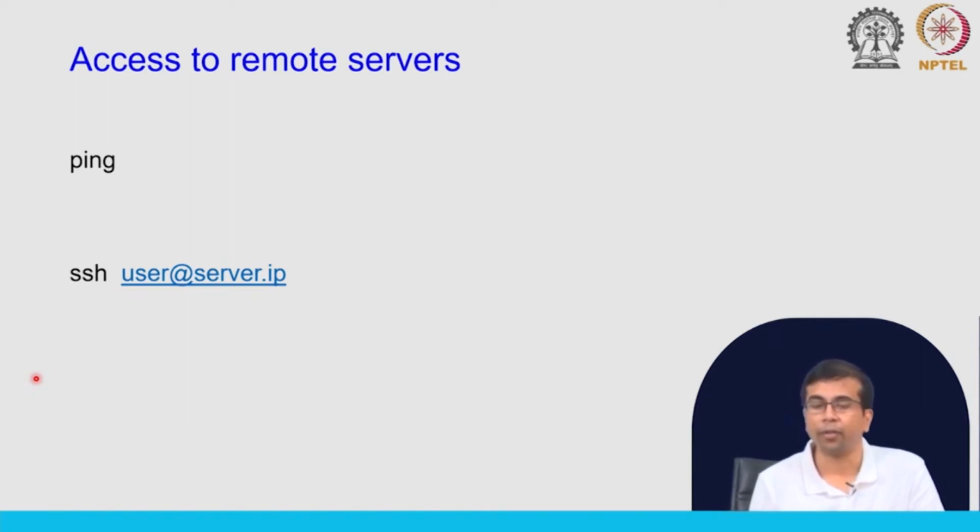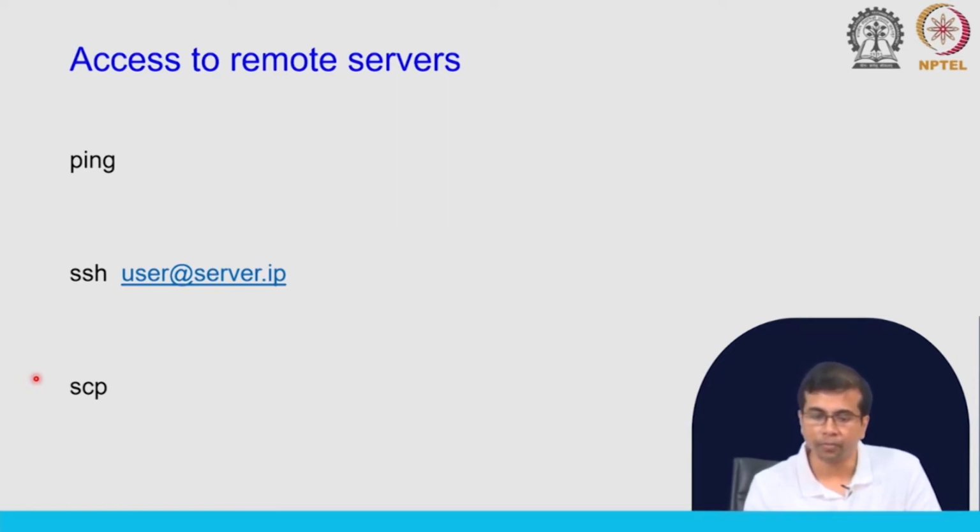You have to use SSH, the user ID that you get, @, the server IP or server name that will be given, and once you run this SSH command, you will be prompted for a password. I will show you how this works. You can copy data from the server or to the server using the SCP command. Again, I can show you how this actually works. We will introduce these commands, SCP etc., a bit later.